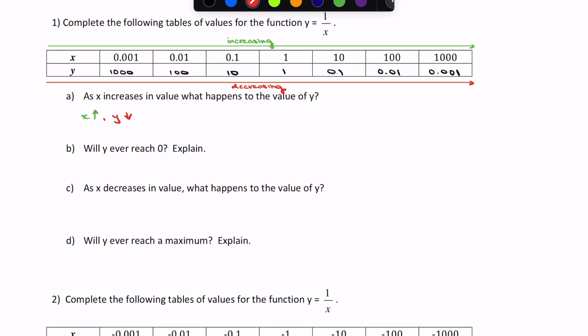And so here, will y ever reach 0? And so we can say that no, as x increases, y is a smaller and smaller value, but will never reach 0.